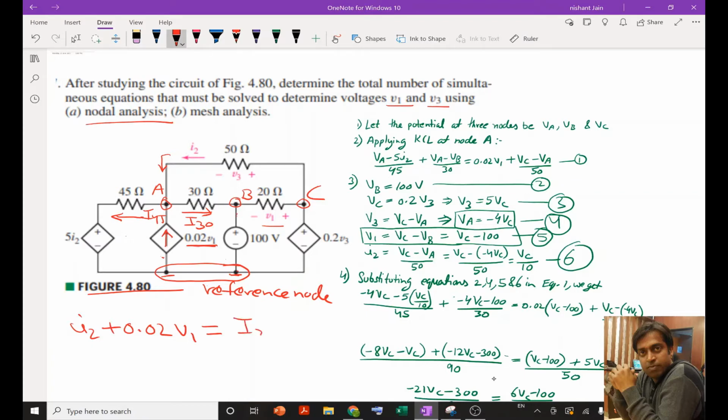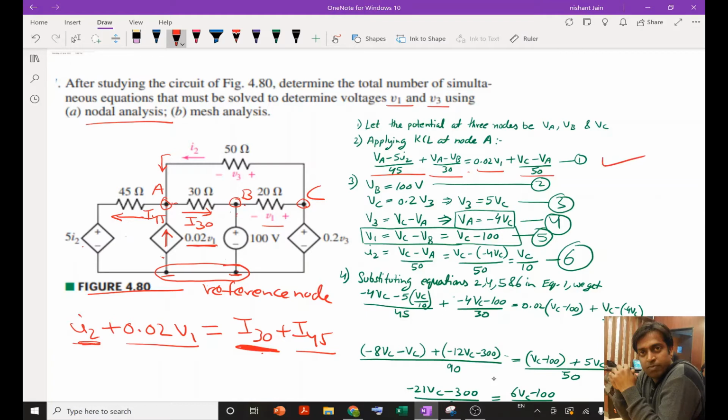So I can write I30 plus I45. I30 can be expressed as (VA minus VB) upon 30, and I45 as VA upon 45. So, 0.02 V1 plus I2 equals I30 plus I45, and I2 is (VC minus VA) upon 50. With this I get my first equation.